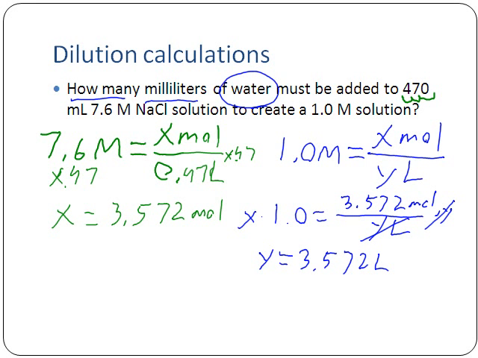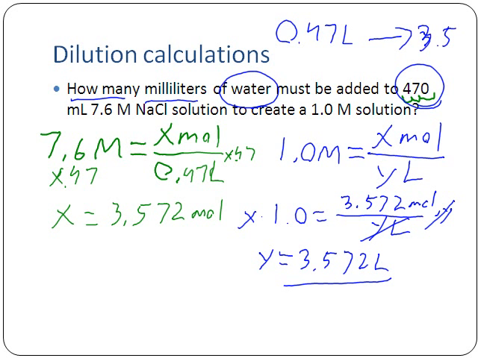That's how much we're going to create. But the question asks for how much water we have to add. Well, in this case, we started with 470 milliliters. So we started with 0.47 liters of our solution here, and we're going to go until we get our new guy, which is 3.572. So in order to figure this out, remember, whenever we're doing dilution, we never add solute.